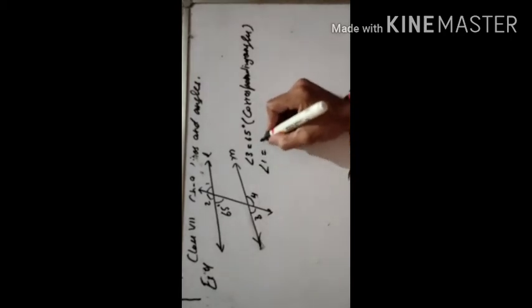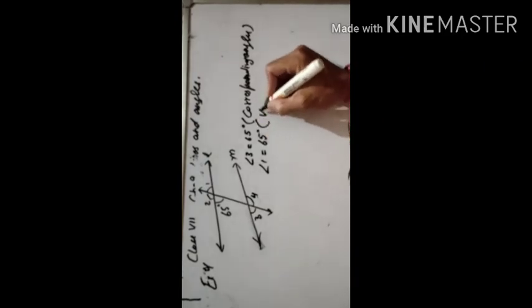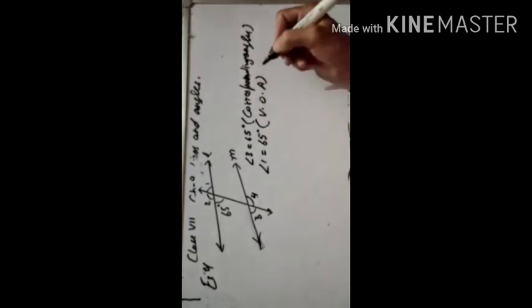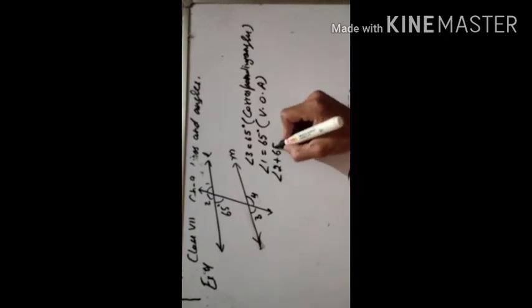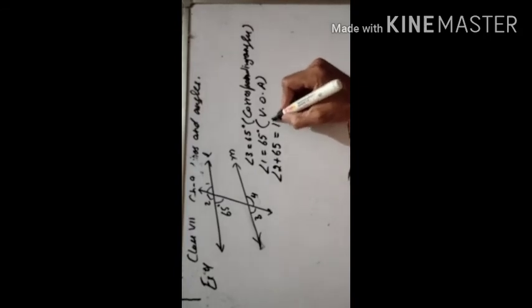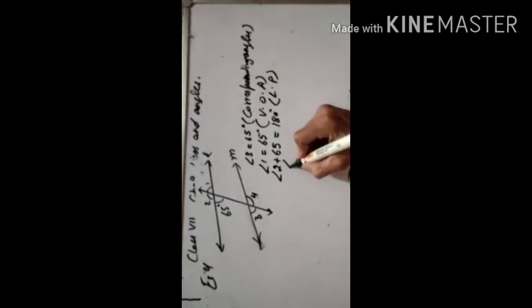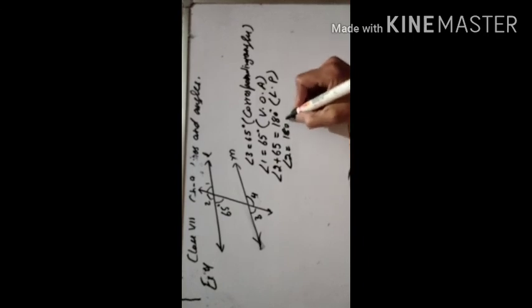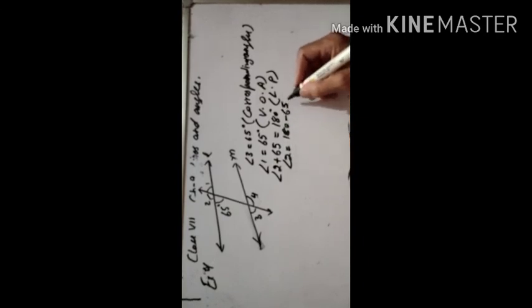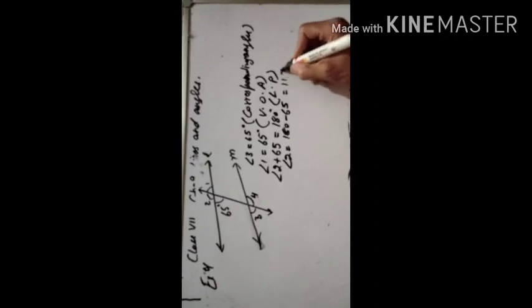Angle 1 is equal to 65, vertically opposite angle. Angle 2 plus 65 is equal to 180 degrees, linear pair. So angle 2 is equal to 180 minus 65, that is 115.